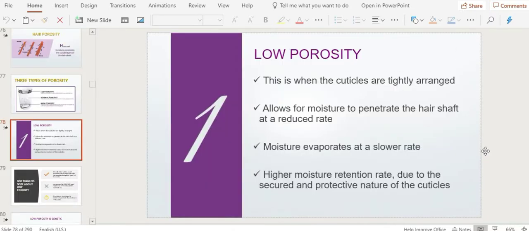All right, so low porosity means the cuticle layers are tightly arranged, just the way they are supposed to be, and so moisture will go into your hair shaft at a reduced rate, and moisture will also evaporate at a slower rate. The good news is that you're going to have a high moisture retention rate due to the secured and protective nature of the cuticles.